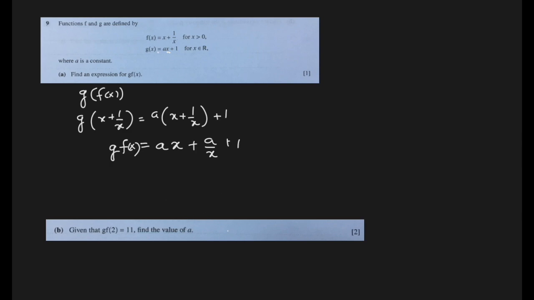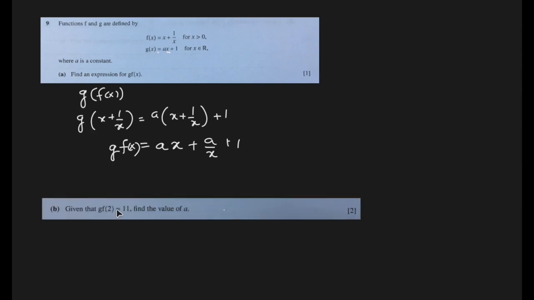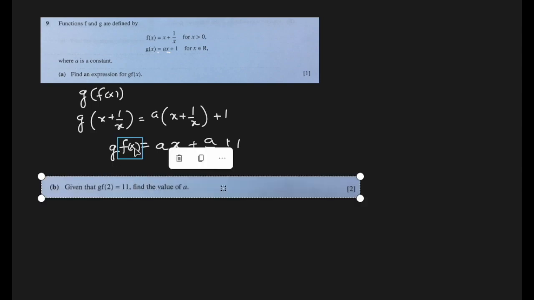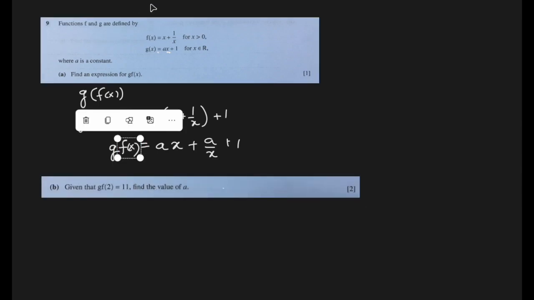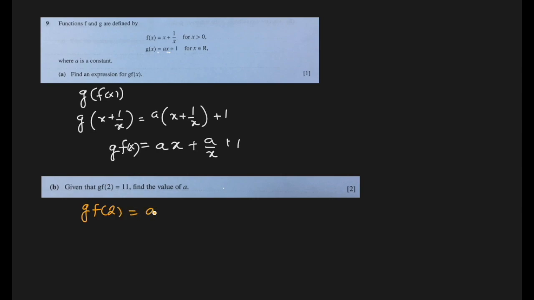Alright, what next? Next they say given that gf(2) is equal to 11. So in place of this x, we have 2 now. Find the value of a. So gf(2) will be a times 2 plus a divided by 2, plus 1, equal to how much? 11.